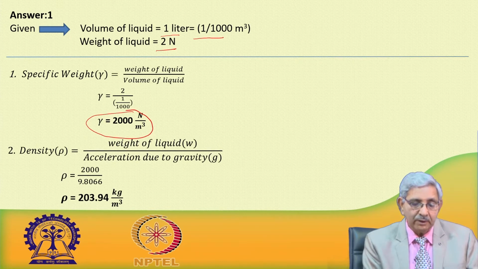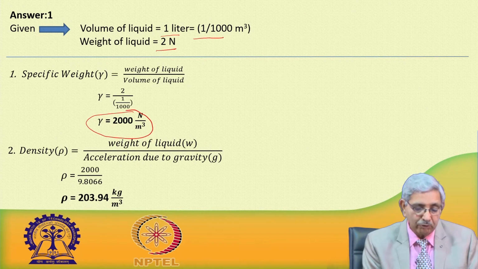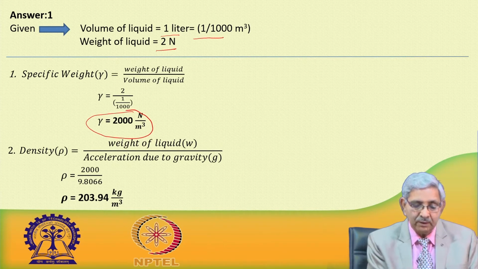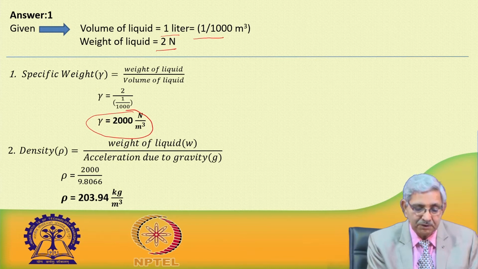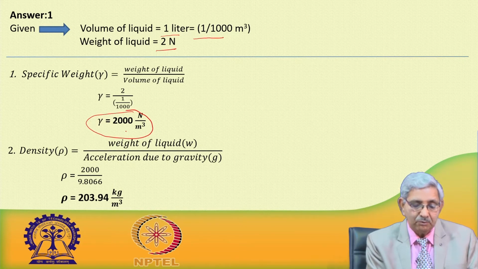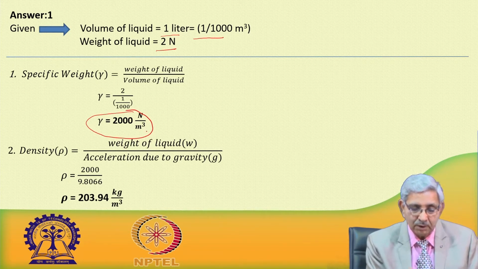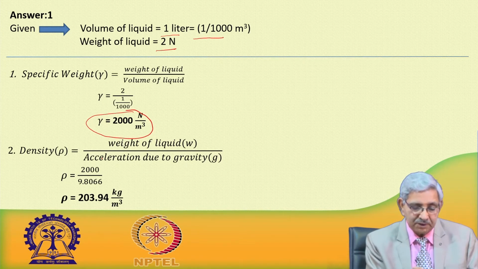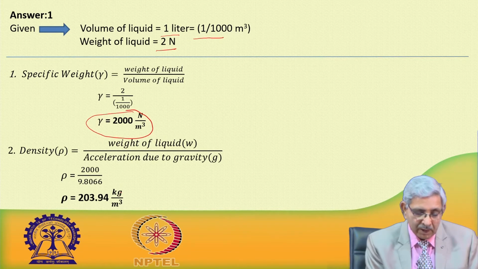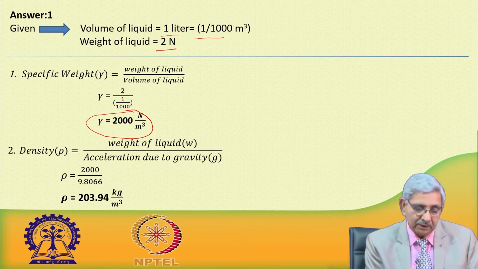Now, we are finding what will be the density of this same liquid. From the previous step, we got the specific weight as 2000 Newton per cubic meter, and we want to get density. So, density unit is mass per cubic meter.